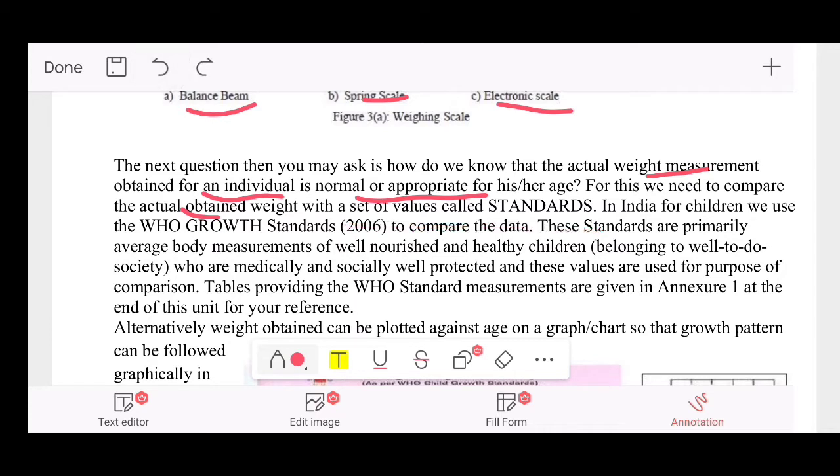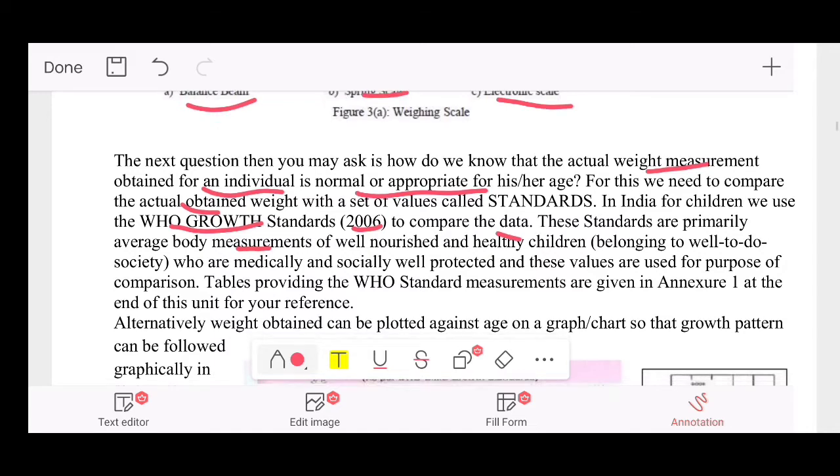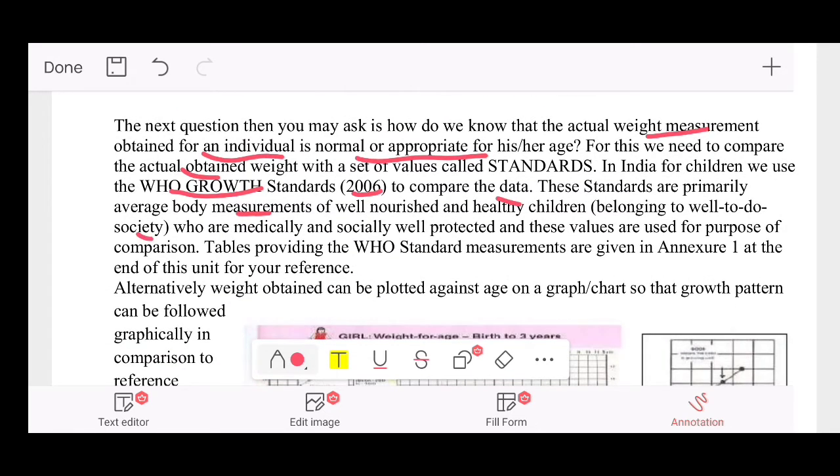Okay. So in India, for children, we use the WHO growth standard, which was released in 2006, to compare the data. These standards are primarily average body measurements of well-nourished and healthy children belonging to well-to-do society, who are medically and socially well protected, and these values are used for the purpose of comparison.